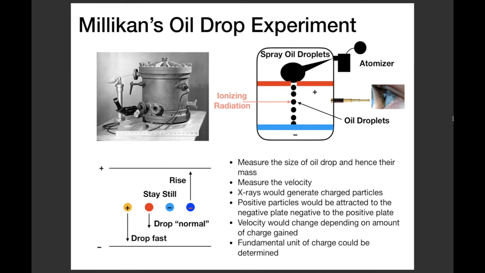So the positively charged oil droplet dropping faster, the negatively charged oil droplet dropping slower, sometimes rising, sometimes staying still. From that, the charge on the oil droplet could be quantified in terms of some unit of coulombs. An assumption that was made is that charge comes in individual integer units.